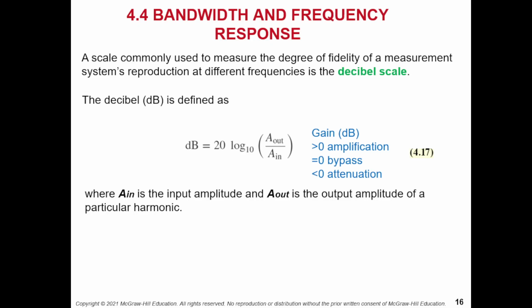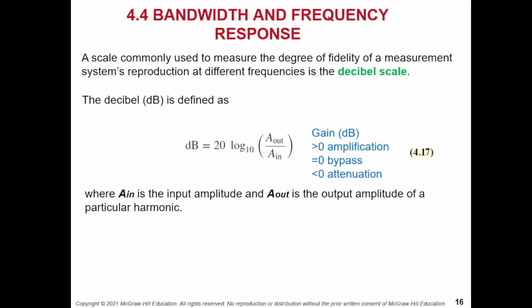So this is nothing but a definition of the dB. The dB is the ratio between output and input. Of course, in a digital world, when output is equal to input, this is one, and we know this is the so-called bypass.